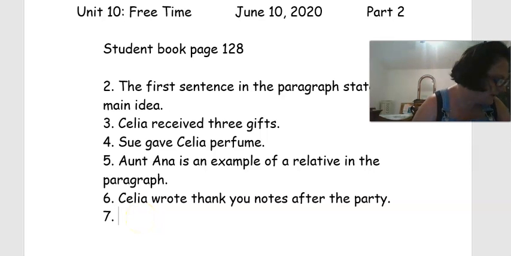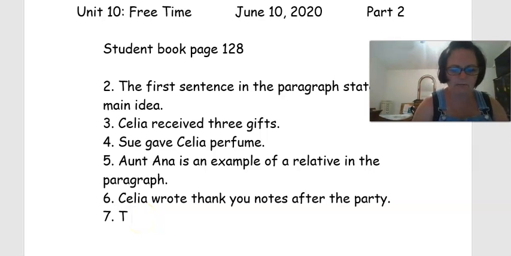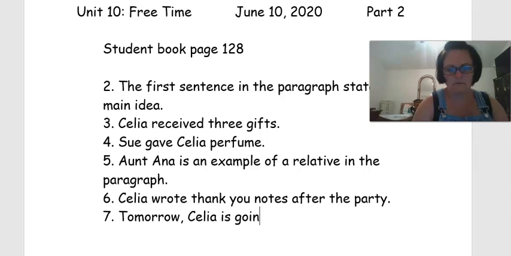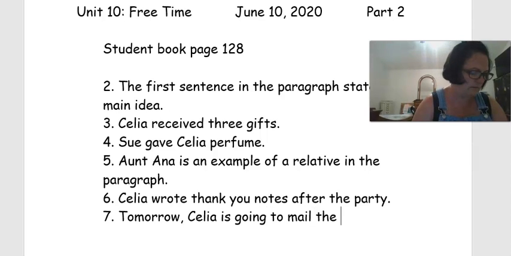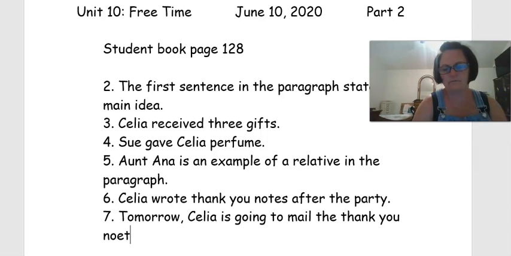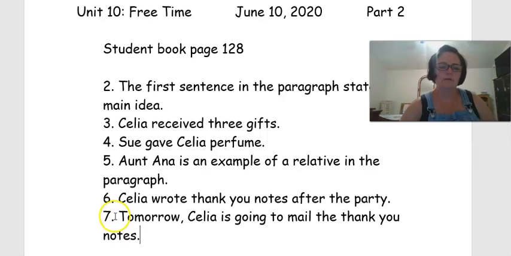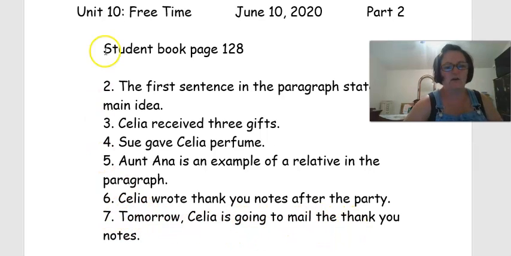What is Celia going to do tomorrow? Tomorrow, Celia is going to mail the thank you notes. All right. So tomorrow, Celia is going to mail the thank you notes. Okay, there's your answers for 2 through 7.